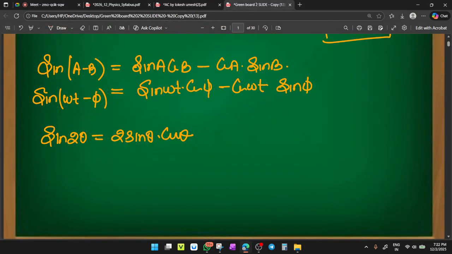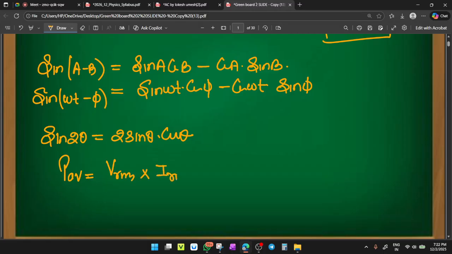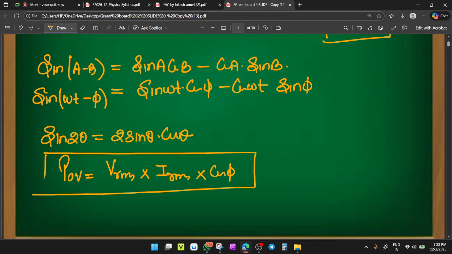Okay, students. So for a complete cycle, we have got the relation for average power: P average equals V RMS multiplied by I RMS multiplied by cos phi. Clear? We have the phasor diagram.